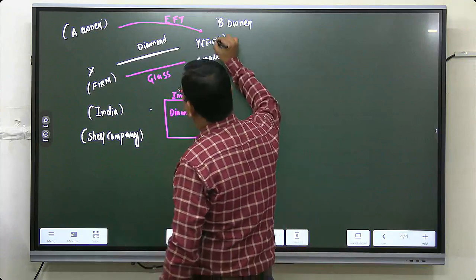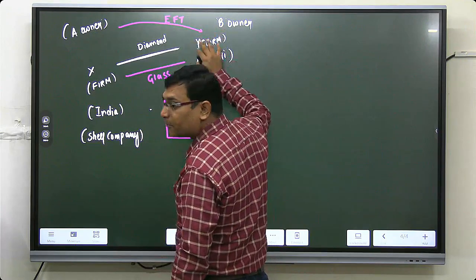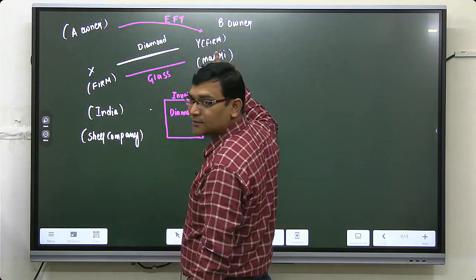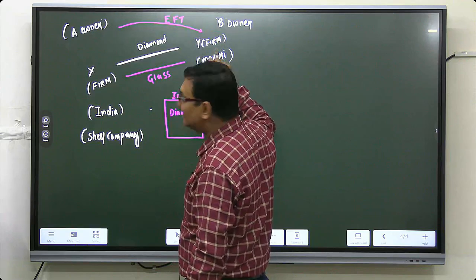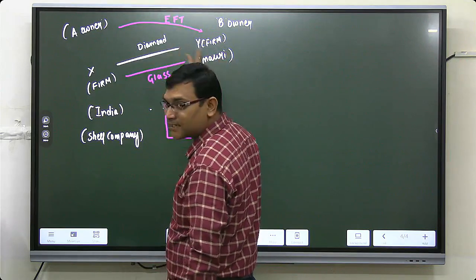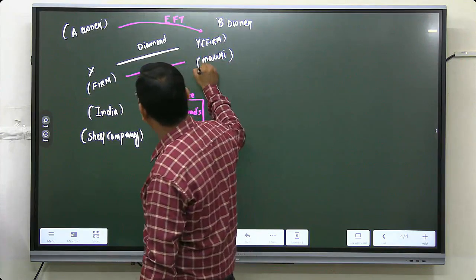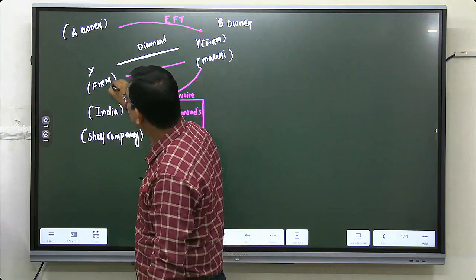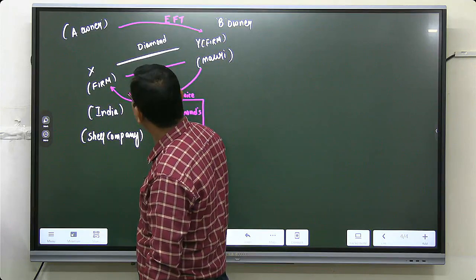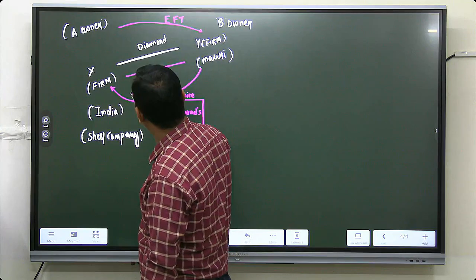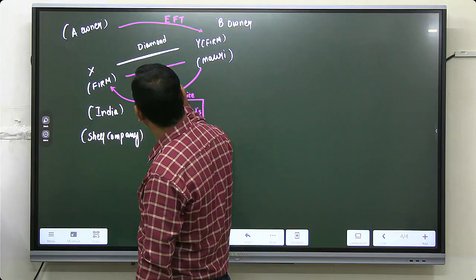Now you see here, the Y company received this money. Now this company will send, because he has sent the diamonds, money in terms of $10 million.